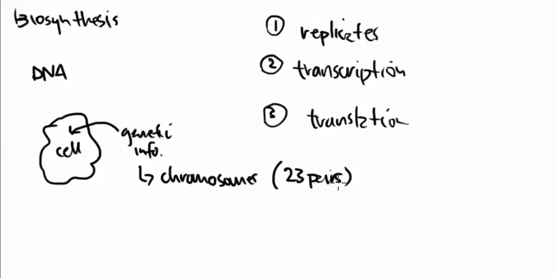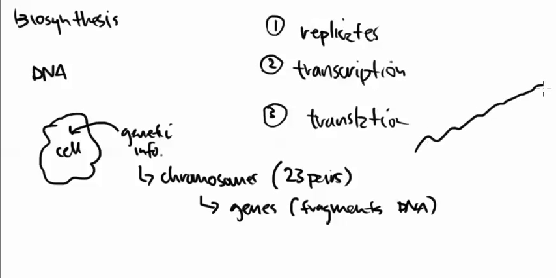Each chromosome is composed of genes, and genes are just fragments of DNA. That's all that they are. So certain fragments of this DNA strand are called a gene, and multiple genes make up these chromosomes that are then crammed inside of the cell for genetic information.